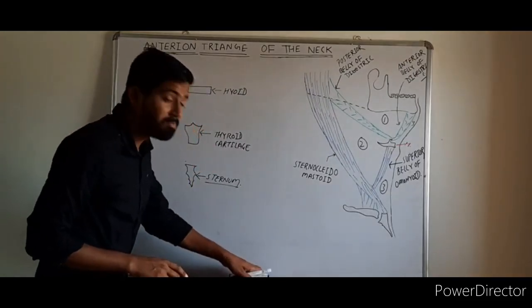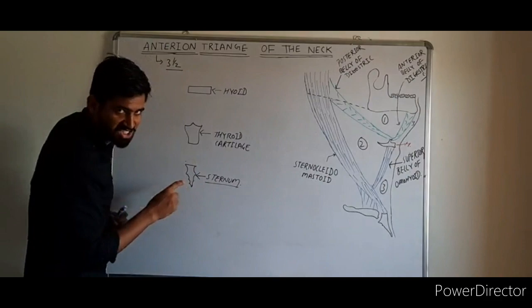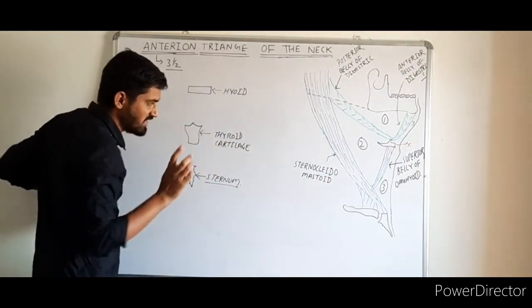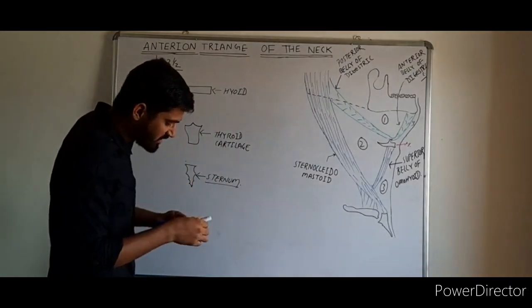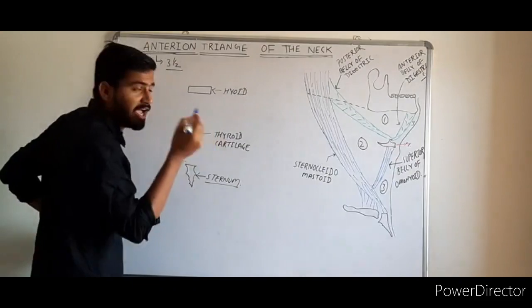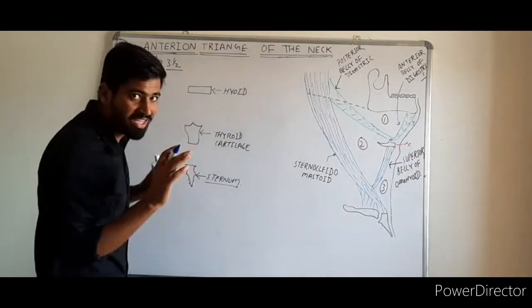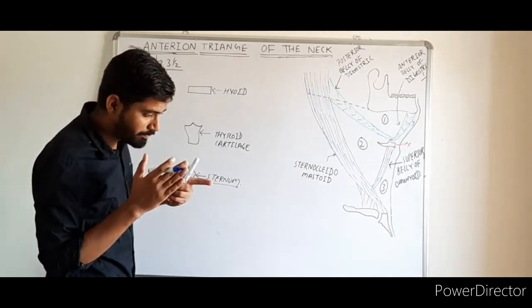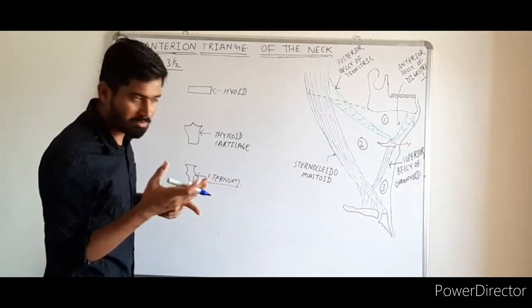Now there are some muscles between these structures that we have to understand. The muscle between the hyoid and thyroid cartilage is called thyrohyoid. So I am drawing thyrohyoid here. I am not drawing exactly, and I am not telling you the exact origin and insertion of the muscles.